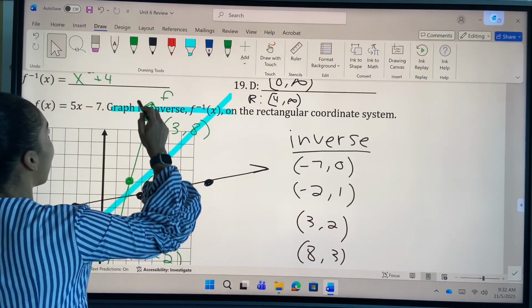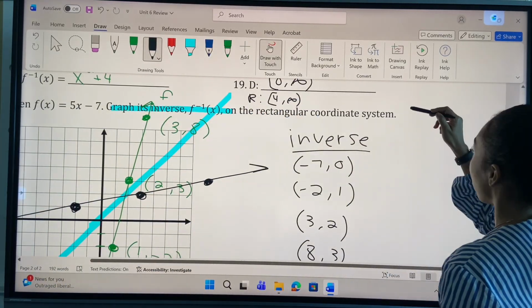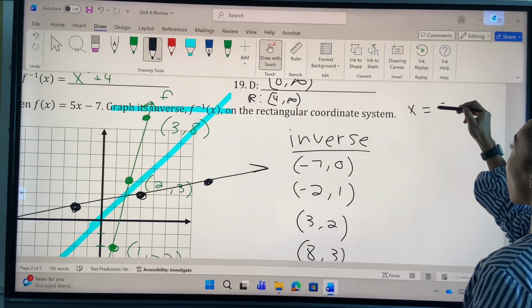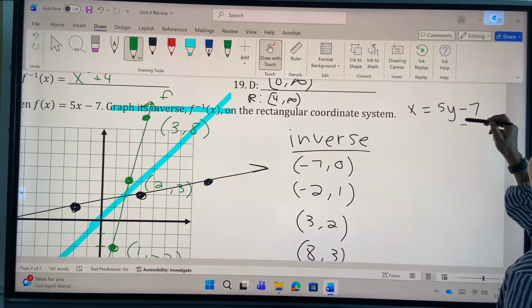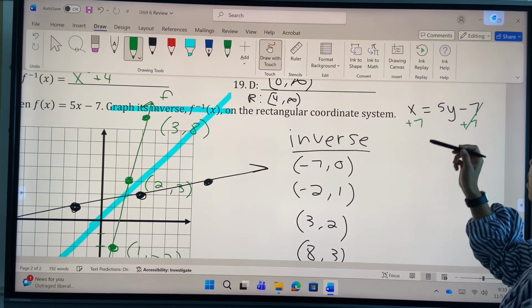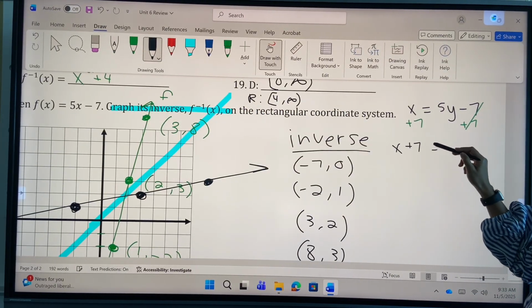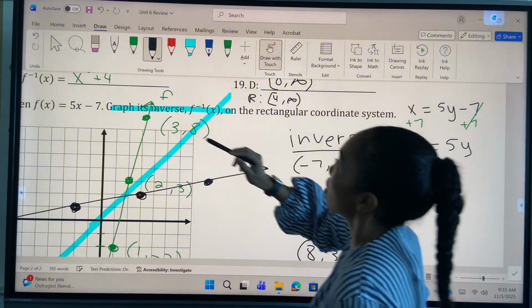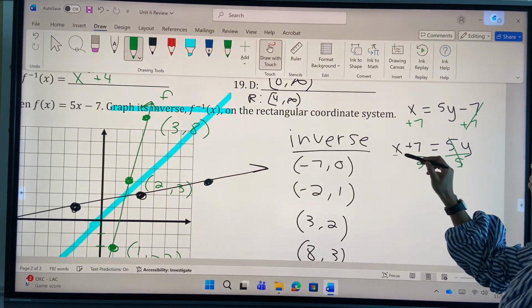If you want to do it algebraically, you switch x and y so that you'll have x equals 5y minus 7. And then you would add 7 to both sides so that you get x plus 7 equals 5y. Then you would divide everything by 5.